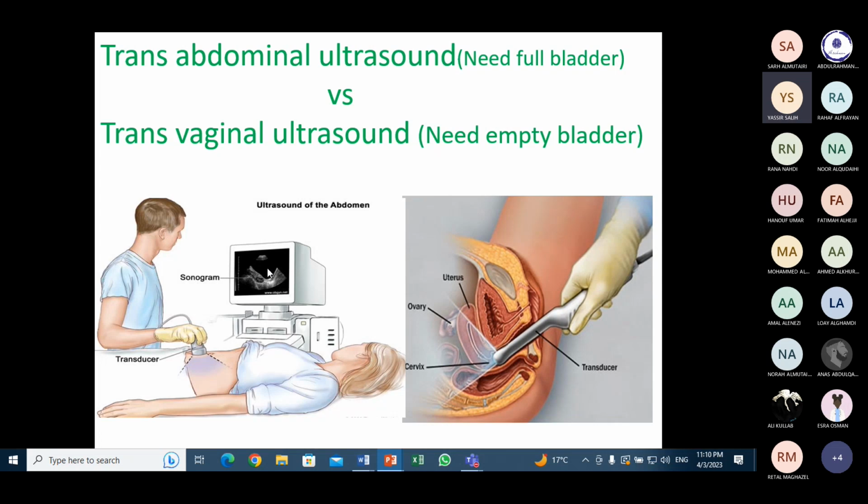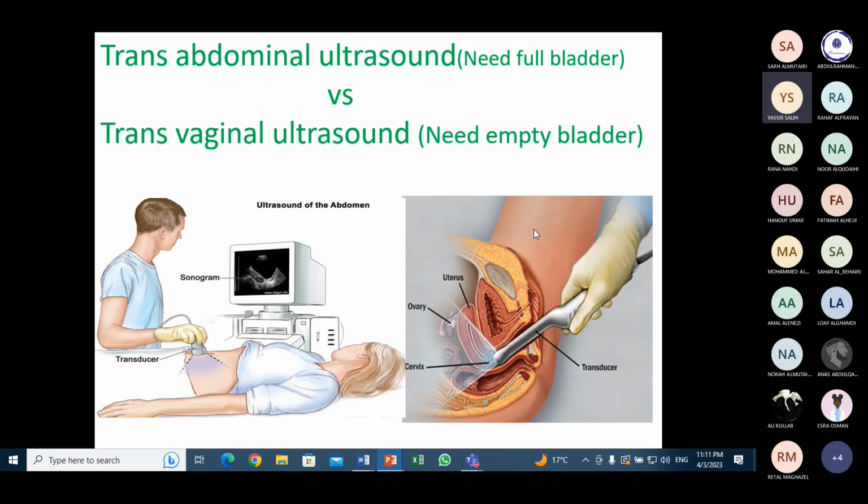Because this full bladder is used as an acoustic window through which you can visualize the pelvic organs. Unless the urinary bladder is full of urine, you are not able to see the pelvic organs. So during a transabdominal ultrasound, the patient should have a full bladder, to use it as an acoustic window to look through to the pelvic organs.